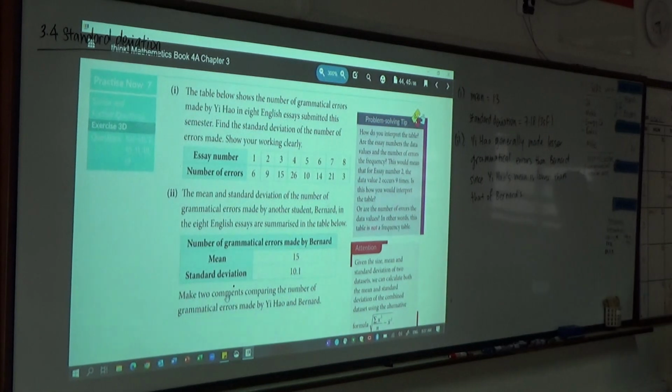So that's the first thing that we can comment and conclude based on the comparison from the mean.